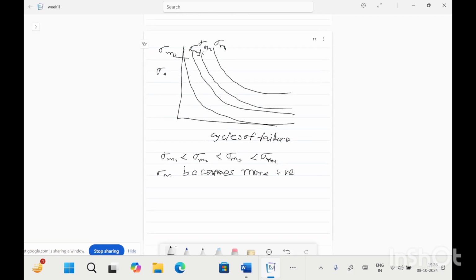So sigma m4 is highest. When sigma m becomes more positive, the allowable alternating stress decreases, meaning the alternation of the stress cycle will get reduced. The allowable alternating stress is decreasing.